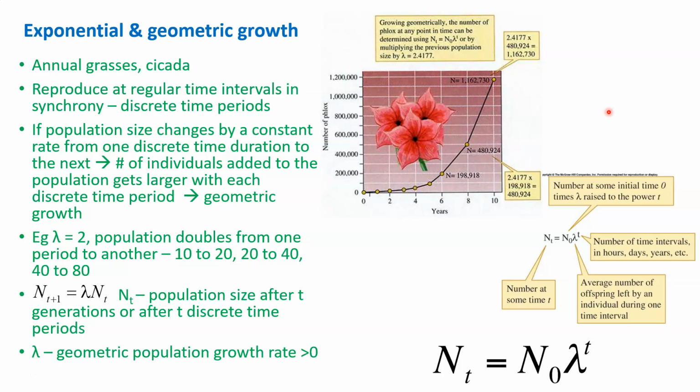So because of this constant population growth rate, the number of individuals present in that particular population, and the number of reproducing individuals, will grow incrementally. Let's assume lambda to be 2, right? Meaning what? If lambda is 2, the population size will double from one reproductive season to another, right?